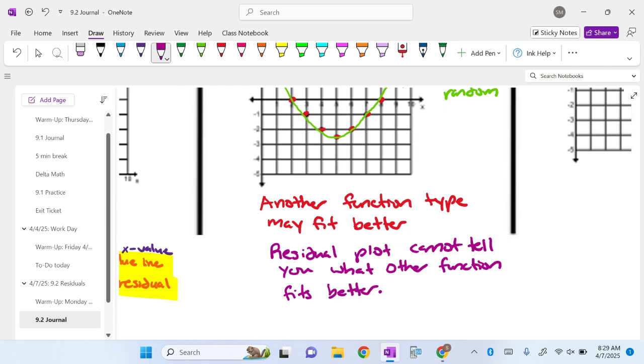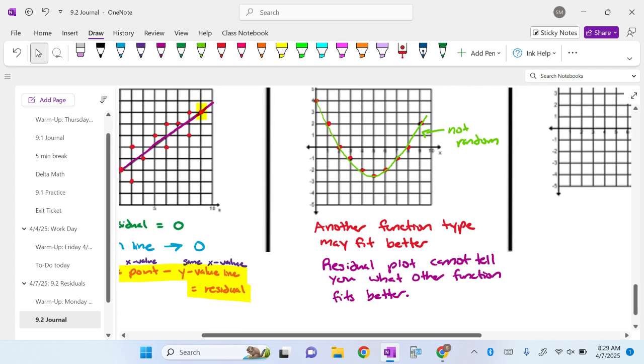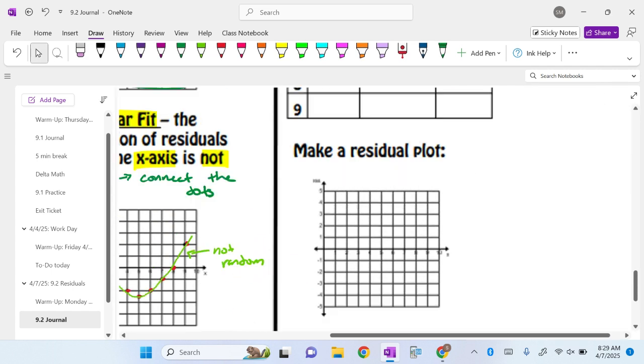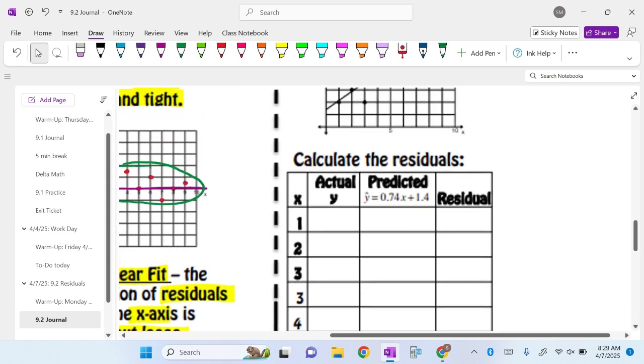Heads up, come on. It cannot tell you what fits better, but it can tell you that a linear function is probably not the best fit.